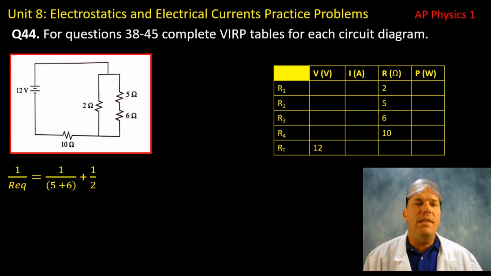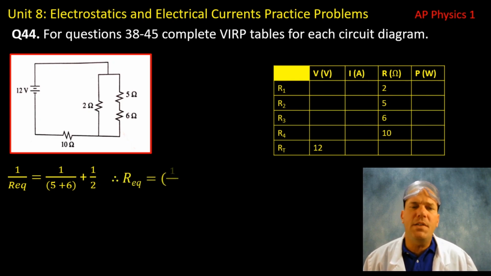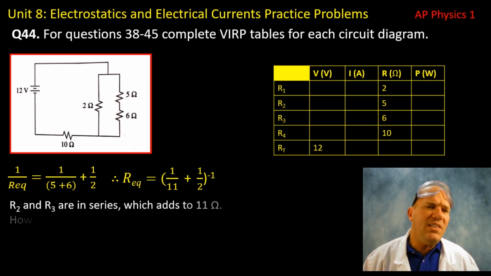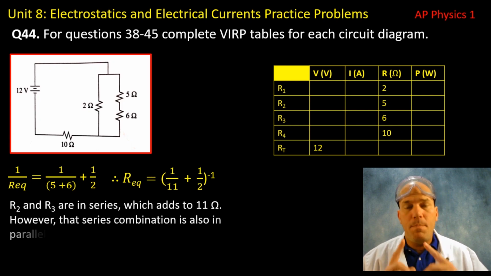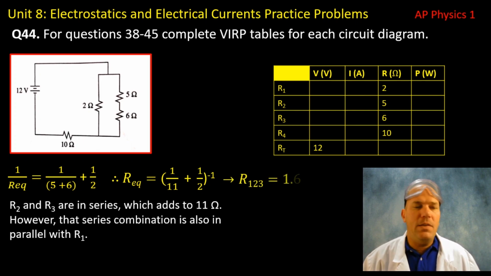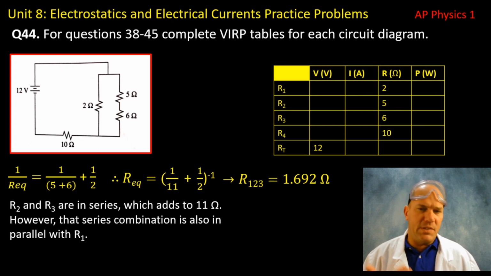Then you're going to add the inverse of 2. And this is going to give us the overall equivalent resistance for the parallel combination. All right. So that resistance for 1, 2, 3 is equal to 1.692 ohms.